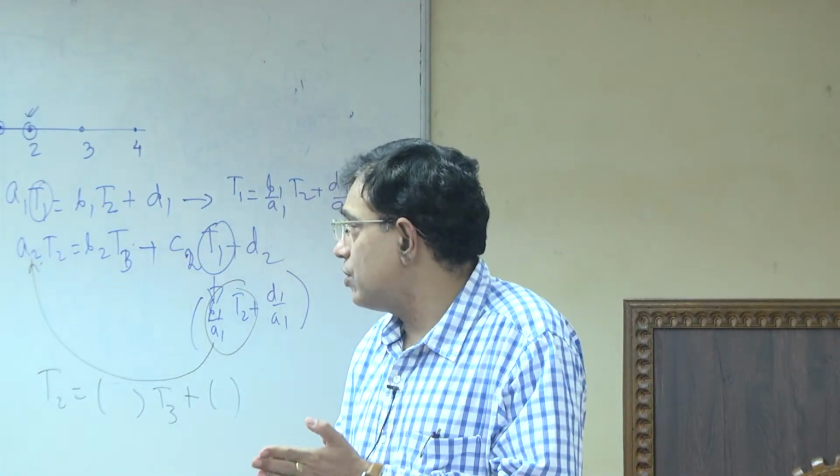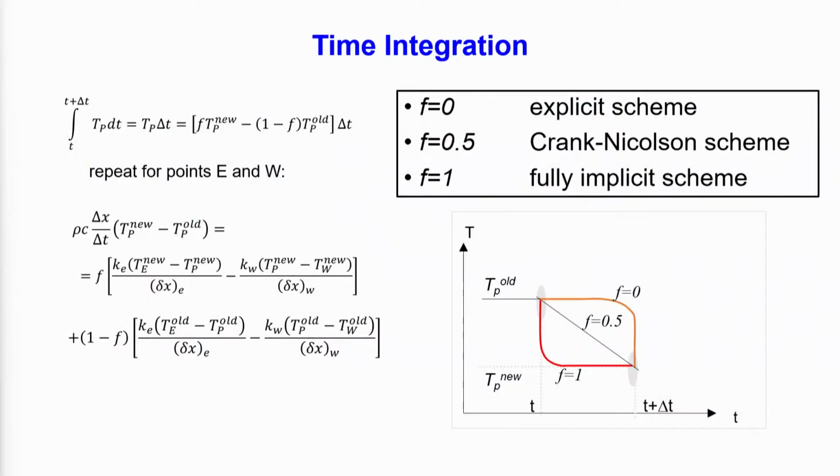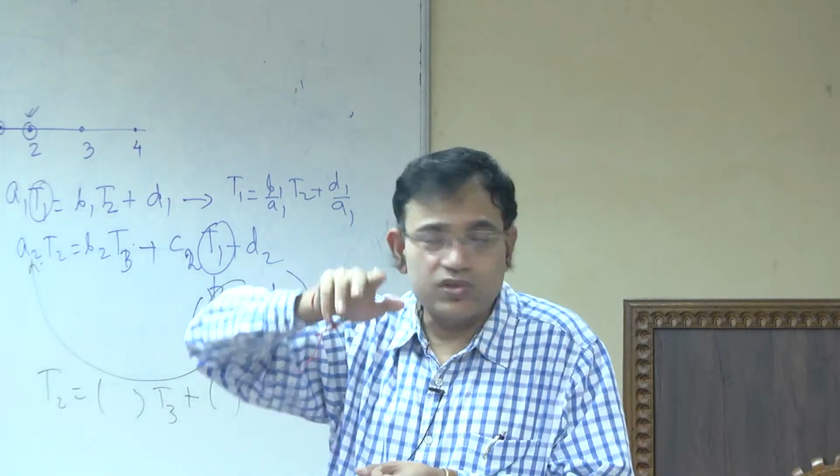If it is at the beginning, you can see the graph for f equal to 0. Over this entire delta t it is the old value, the beginning of the time step, and suddenly it jumps to the new value. So overall, the entire time it is almost the old value.